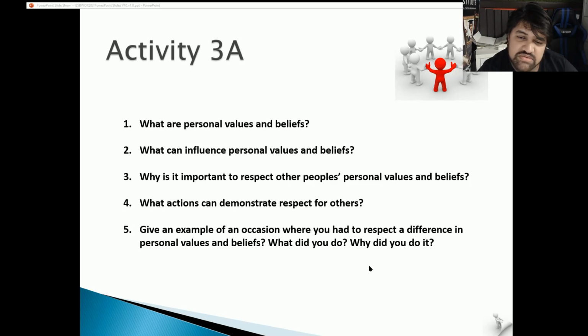Why is it important to respect other people's personal values and beliefs? The main reason is that they're human beings and we should respect them as such. If you want your beliefs to be respected and held in high regard, we should do the same for others.